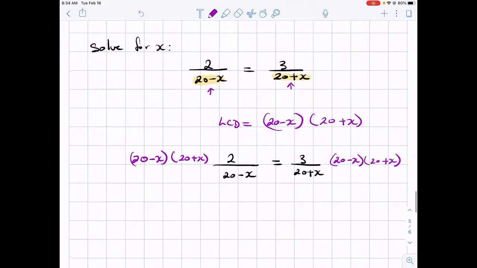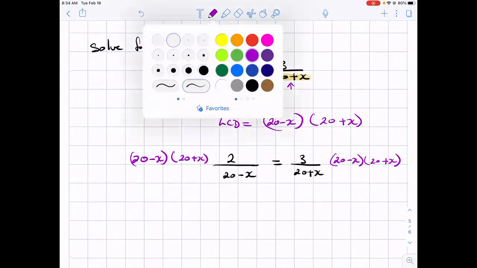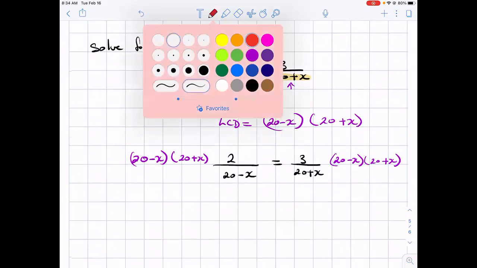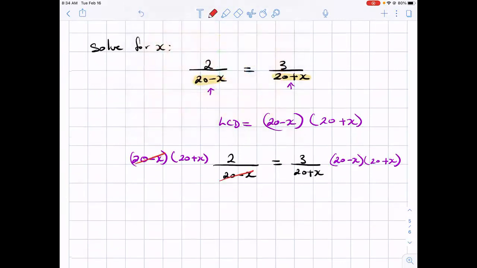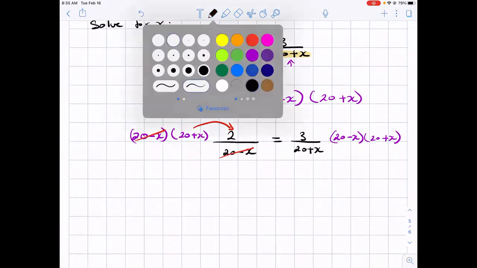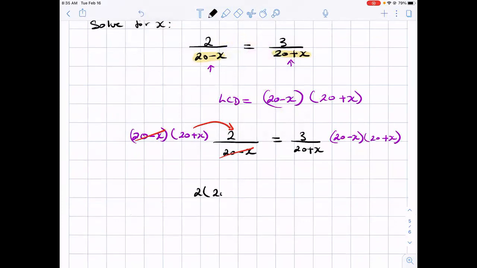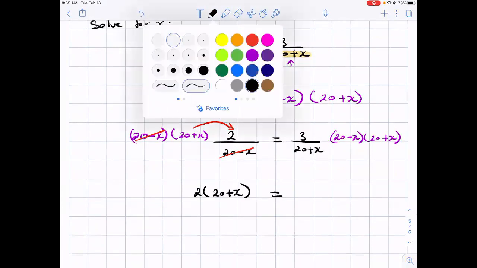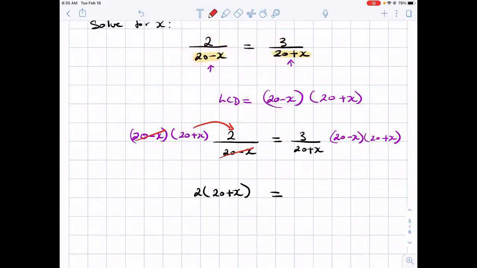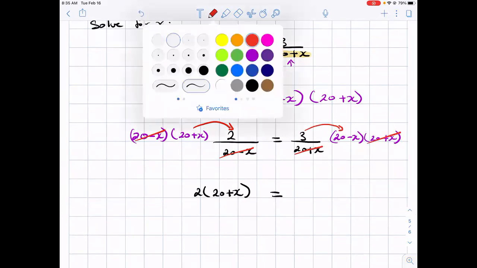As always, the denominators must cancel out. So the 20 minus x cancels with the 20 minus x, leaving 3 times 20 plus x. And on the right side, 20 plus x cancels with 20 plus x, leaving 3 times 20 minus x.